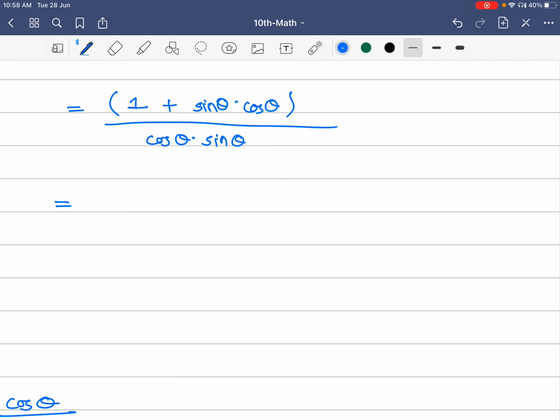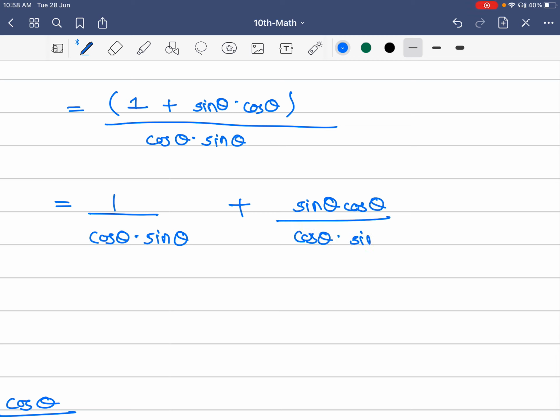That is equal to 1 upon cos theta into sin theta, plus sin theta cos theta, the whole upon cos theta into sin theta. This cancels out to give plus 1, and 1 upon cos theta into sin theta can be written as sec theta into cosec theta, and this is exactly our right hand side.